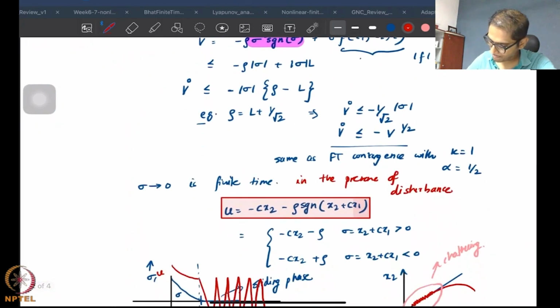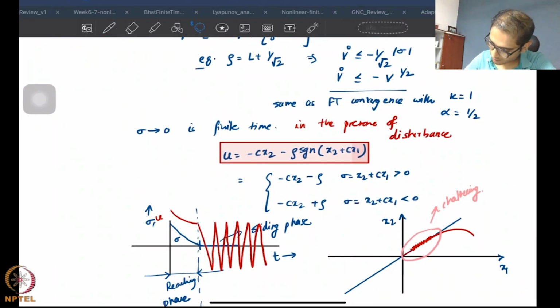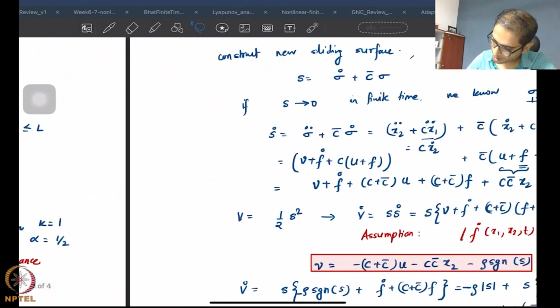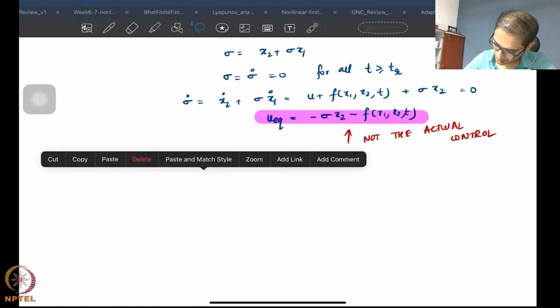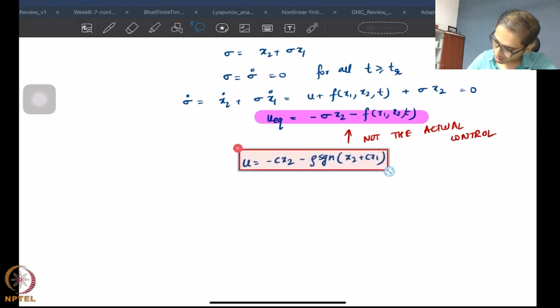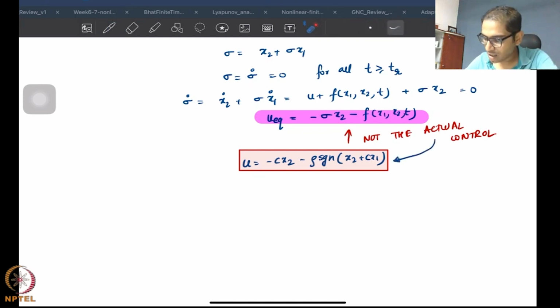You can go back and get it here. That's the actual control. Why cannot this be the actual control? Simply because it has this unknown quantity, which is never being applied.